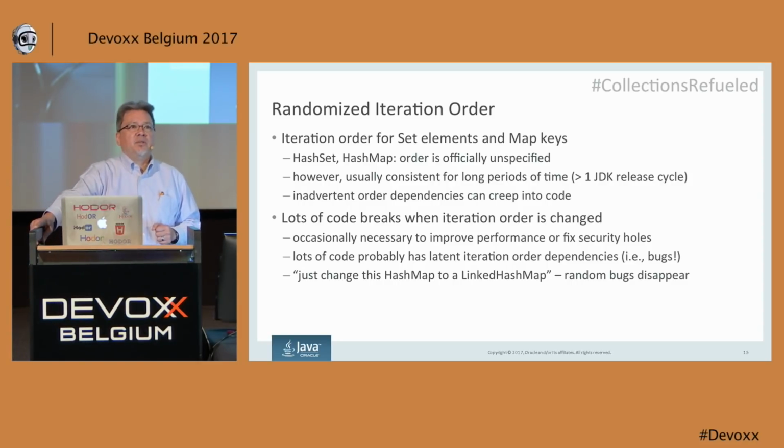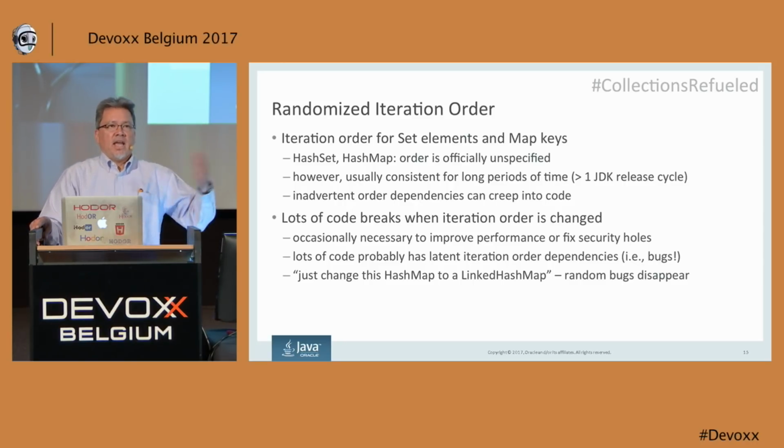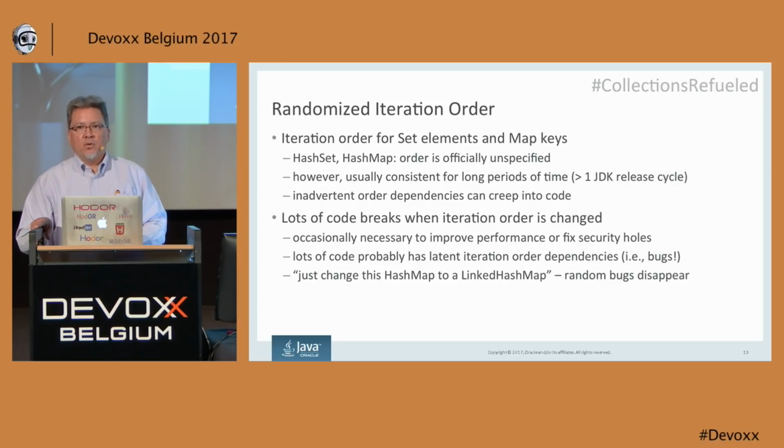When the JVM starts, it basically takes a random number and just XORs it into the hash code. So in practice, every time you run an application, you'll get a different random number, and the new collections from set.of and map.of will be iterated in a different order.